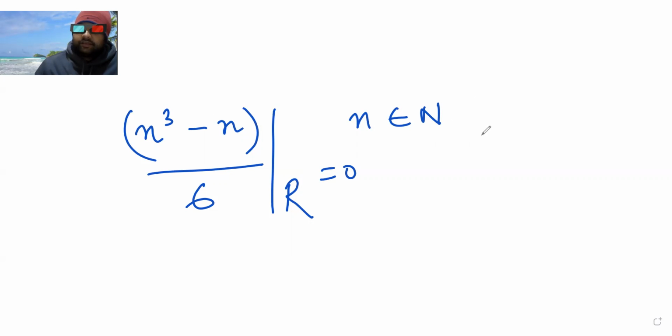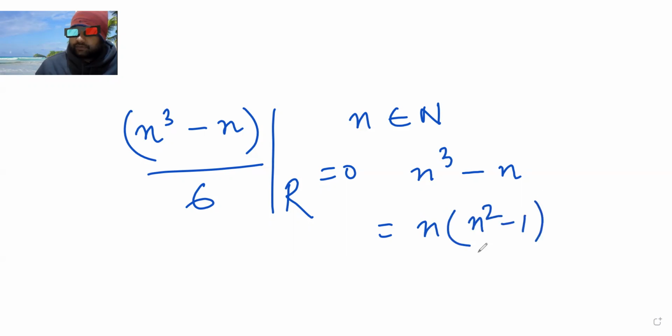So let me examine n cube minus n. Can I write it as n into n square minus 1? And then can I write it as n minus 1 into n plus 1?